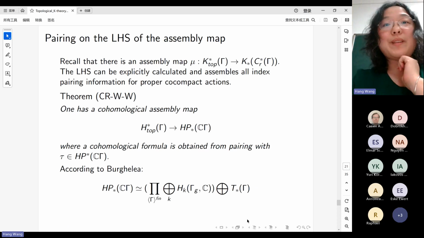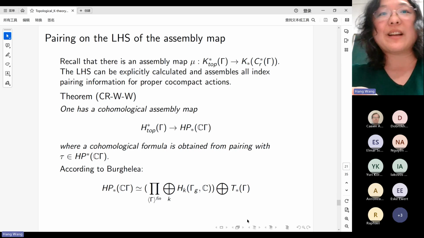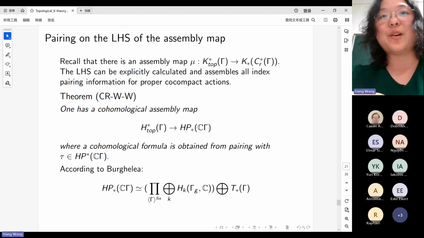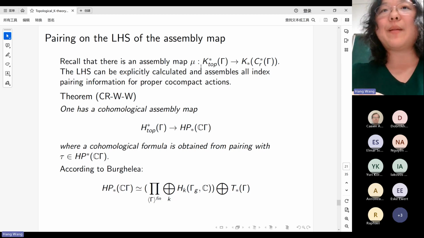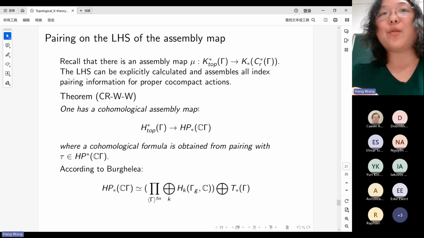And what can we do with that? Well, we can try to obtain index formulas out of the topological K-theory. Recall that there is an assembly map going from the topological K-theory of gamma to the K-theory of the C-star algebra. And analogously, one can have an assembly map on the cohomology level.